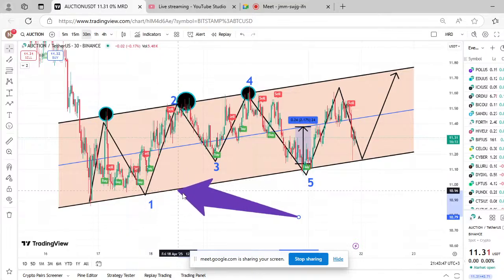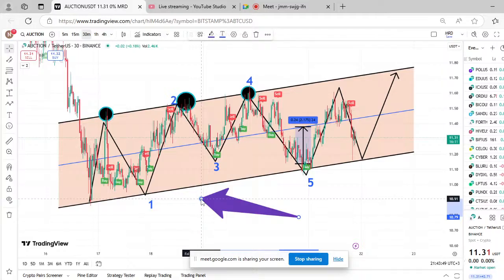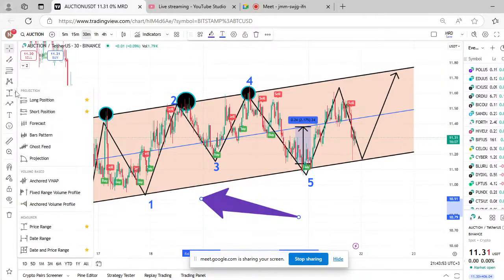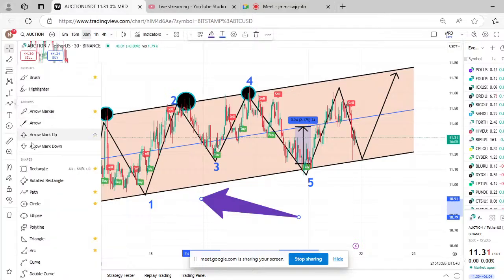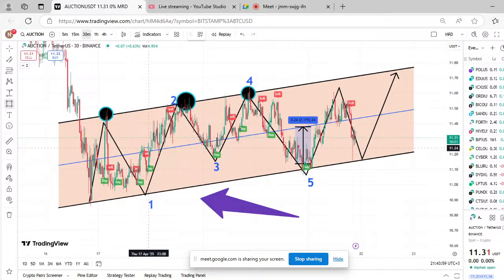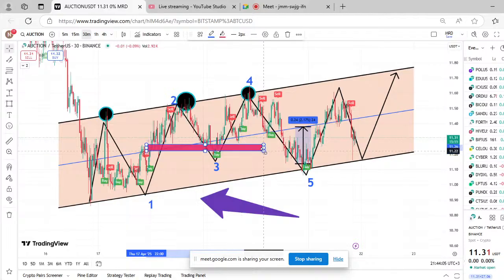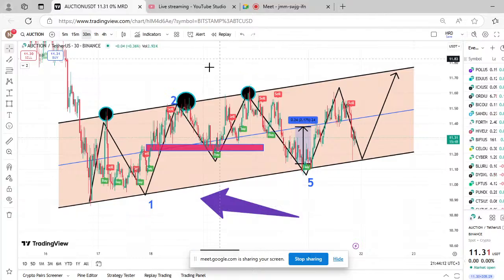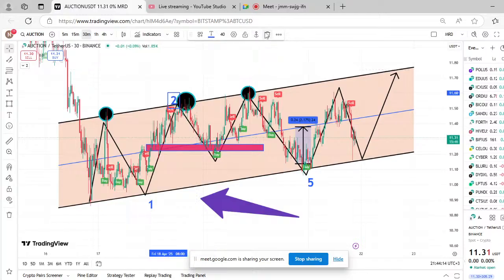Am I making sense, guys? Am I making sense to you or not? Now the halfway is here. And now this is the halfway of the distance. Am I right? Are you following?